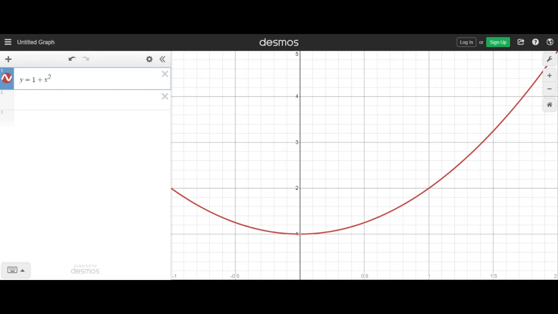Okay, and you can see the function starting to increase fairly quickly when y is greater than 2, or when x is greater than 1. So, if you had to make a guess, what do you think the average might be for this? Let me try something here.